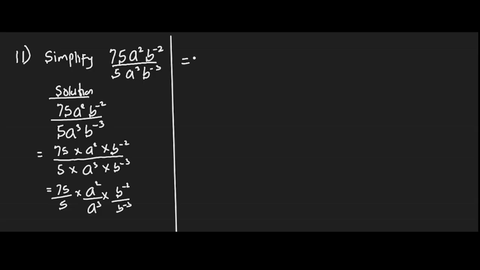75 divided by 5 will give us 15, and here we have times. Here we are going to apply the rule that says s raised to power a over s raised to power b is going to give us s raised to power a minus b. Here we are going to have a raised to power 2 minus 3, and we're also going to apply this same rule in dealing with this, so it's going to be b raised to power minus 2 minus minus 3.